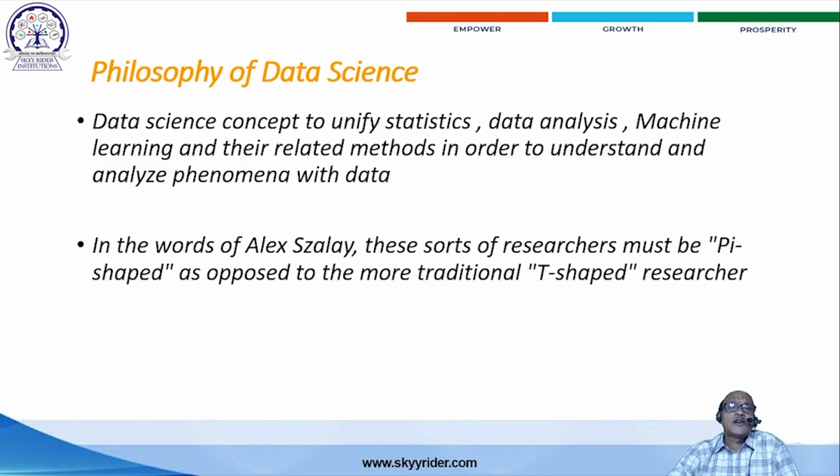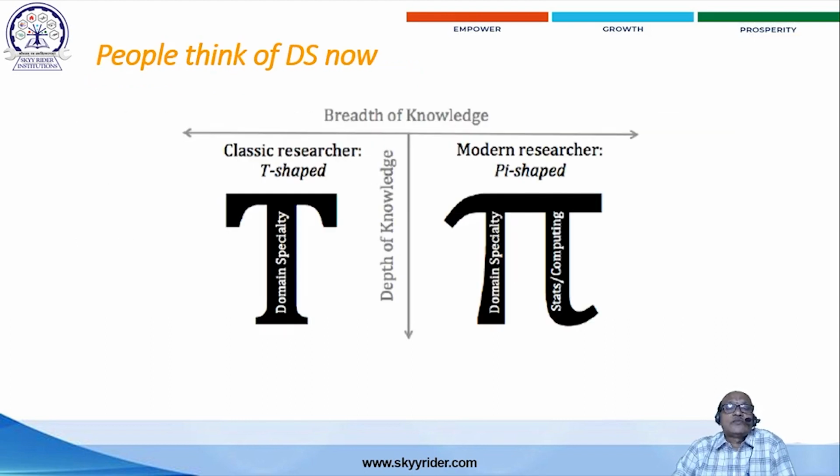Now, the philosophy of a data scientist. Earlier, people thought of data science as only a domain specialty for researchers. Right now, the trend is that not only domain specialty but also stats and computing knowledge must be required. From a mathematical point of view, pi-shaped researchers are required in the industry.